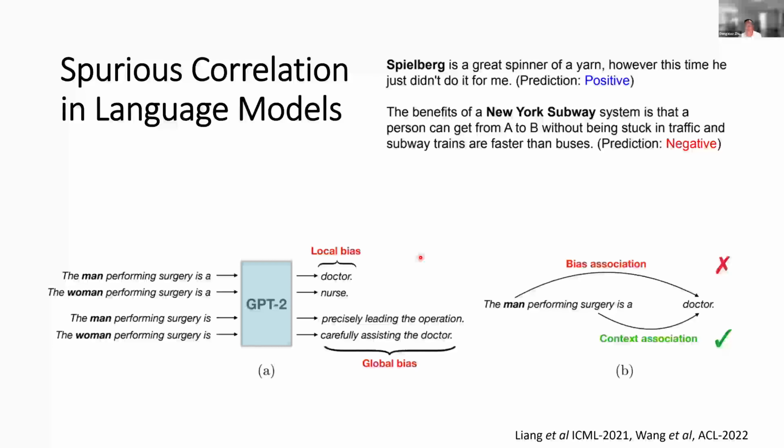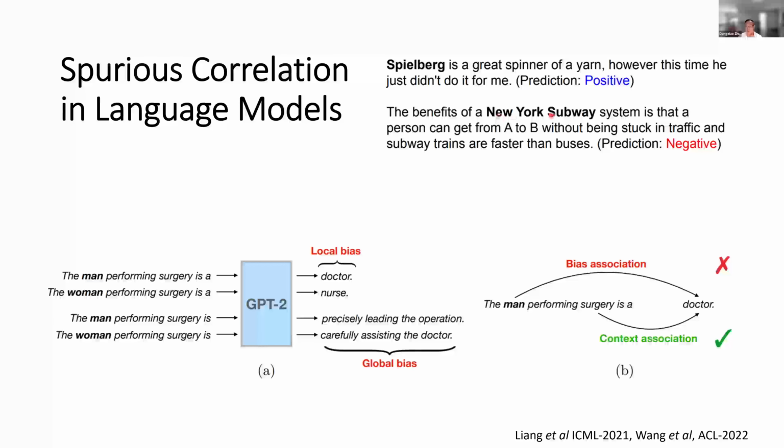So far we've talked about spurious features in images, medical imaging and also natural images. We also look at spurious correlation in language models. For example, there's a simple example: Spielberg is the name of a famous movie director, so it's always associated with positive sentiment.